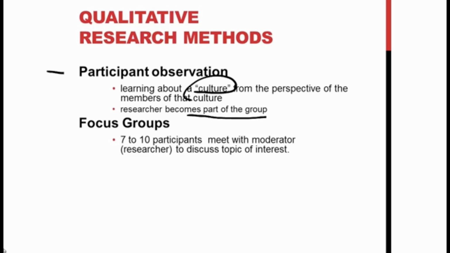Now, an example of somebody engaging in participant observation could be if you're wanting to see what it's like to be a victim of domestic violence. One of the things that you might do is you may actually go and become a researcher working in a battered women's shelter. And so what you do there is you actually become part of the culture.